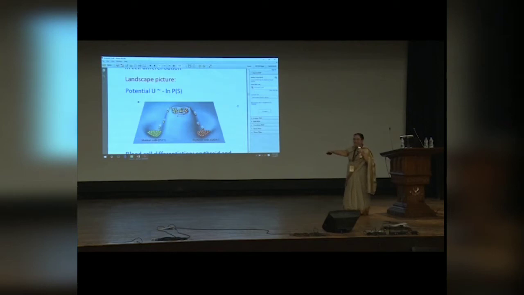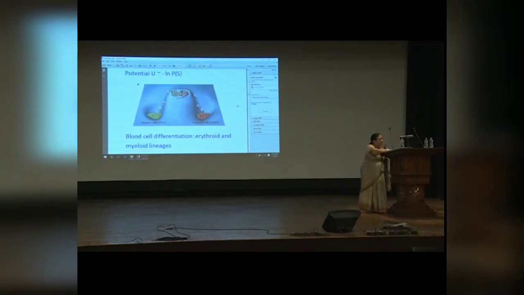This is one of the differentiated cells. This is blood cell differentiation into myeloid cells, the white blood cells, and this is the erythroid cells, the red blood cells. So blood cell differentiation, erythroid and myeloid.